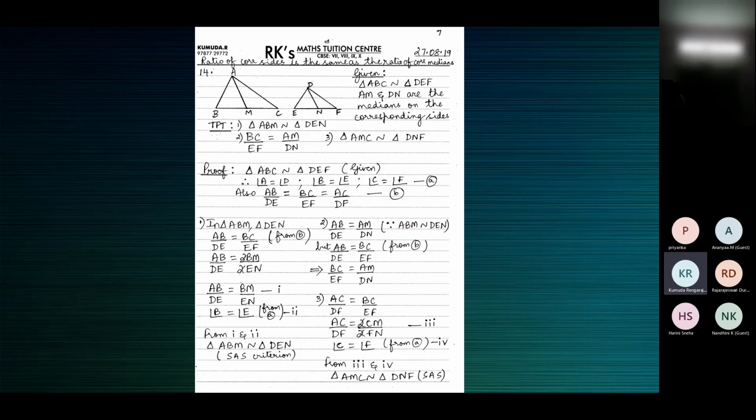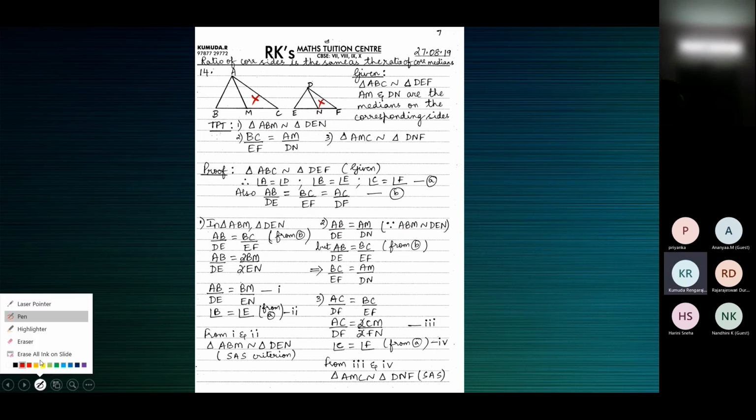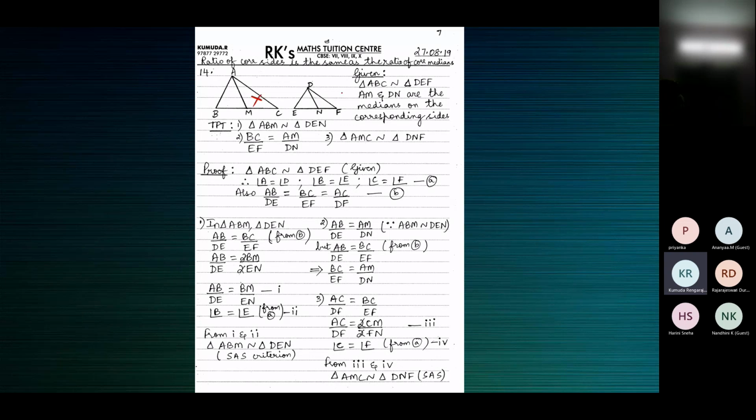Thirdly, we will have to show that AMC, this triangle, is similar to DNF, this triangle. To prove that, you can use the same rule, the same rule you can use.